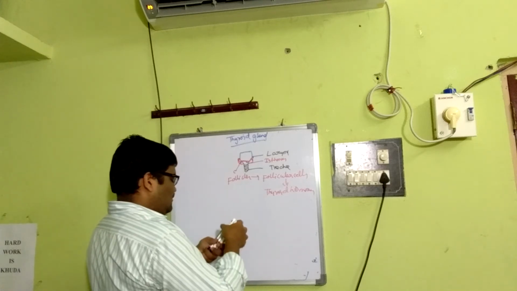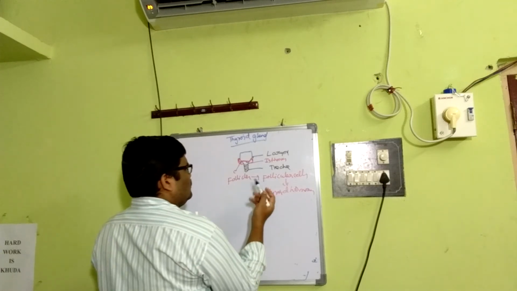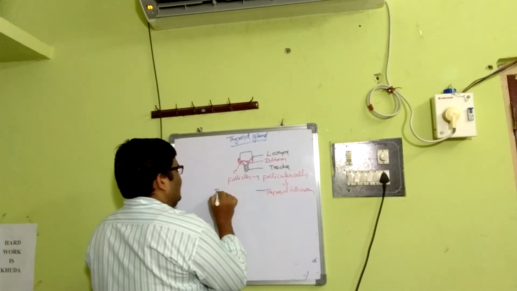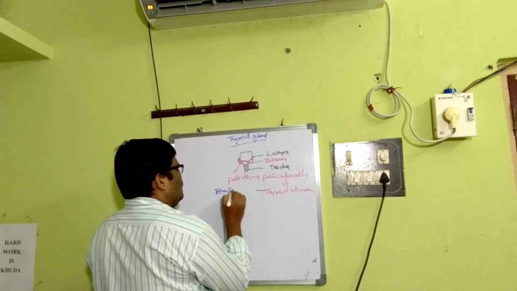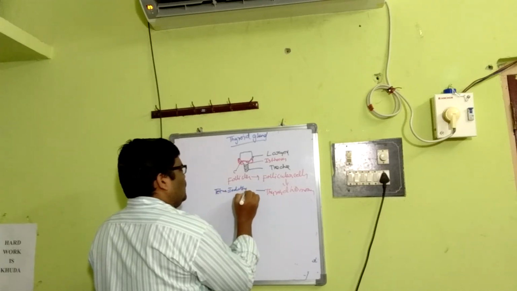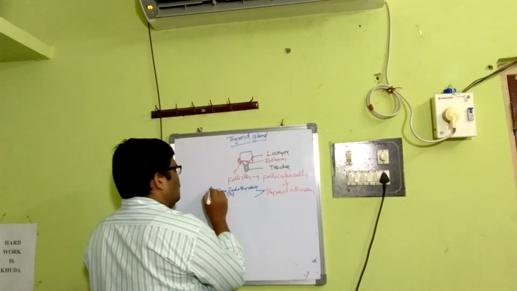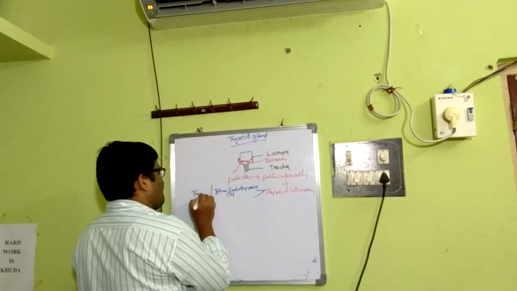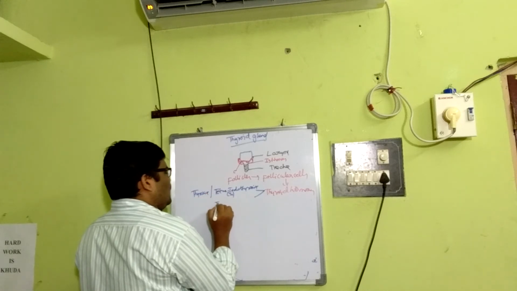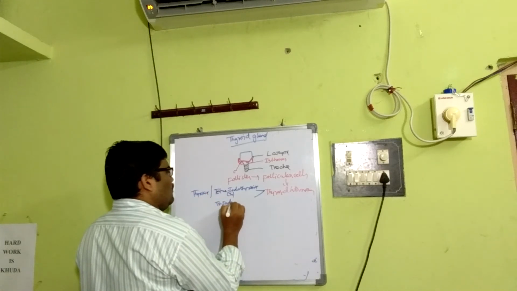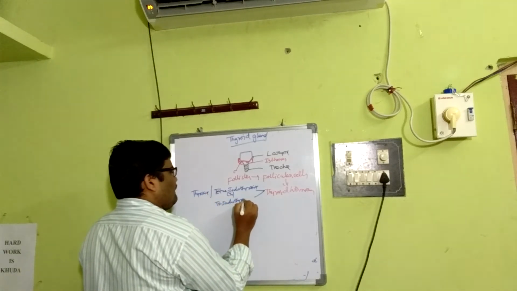We have two different kinds of thyroid hormones: tetraiodothyronine, simply called T4 or thyroxine, and triiodothyronine.